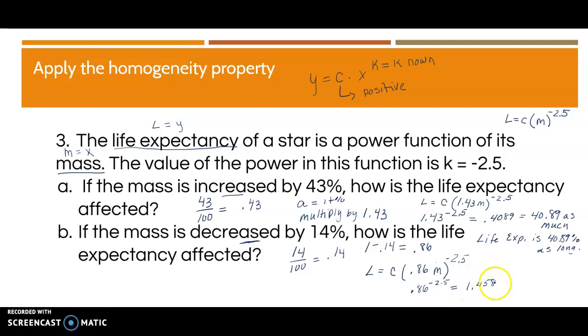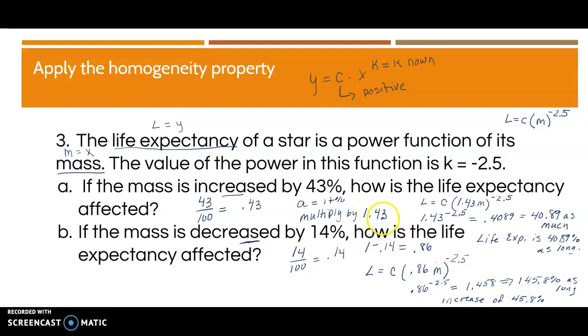And so if I change that to percent, that would actually be 145.8% as much, or as long, because it's a life expectancy. And so this actually represents an increase of 45.8%.